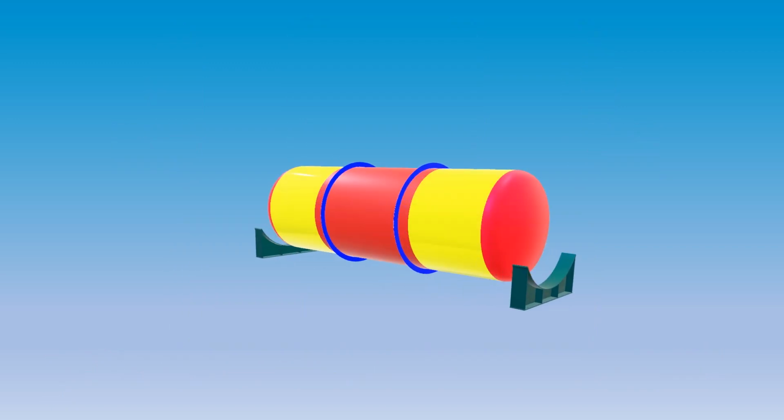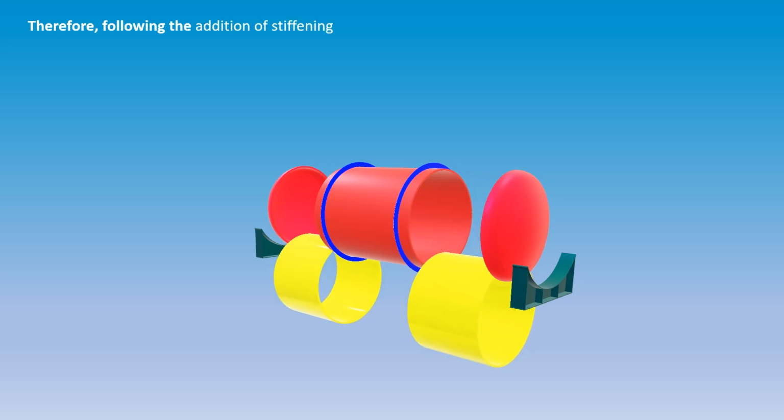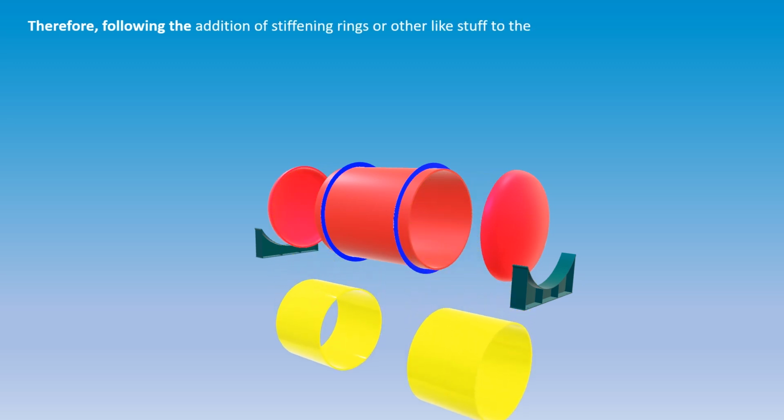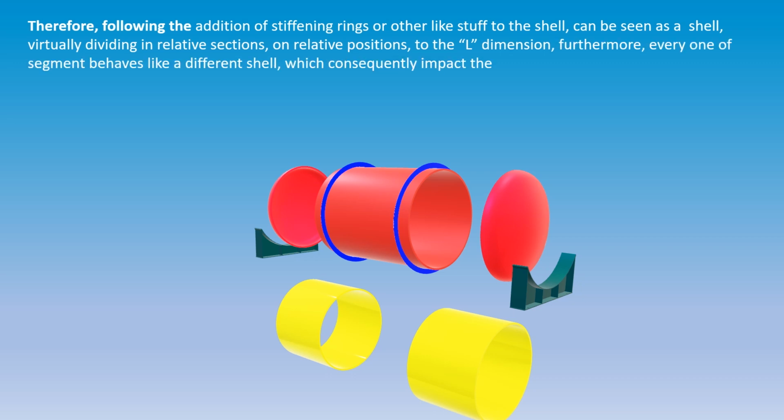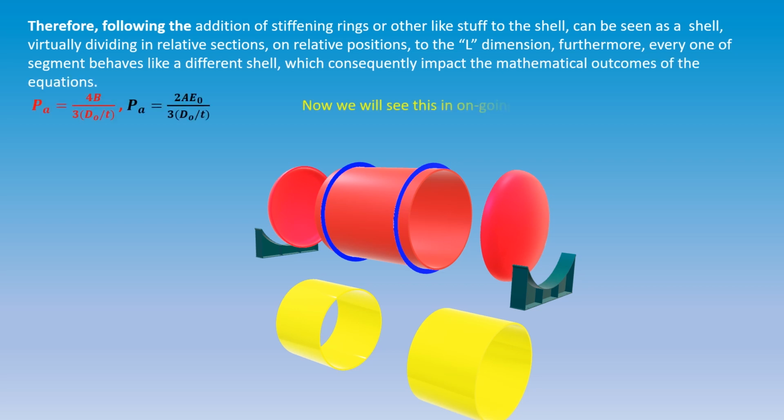Therefore, following the addition of stiffening rings or the like, the shell can be seen as virtually divided into sections relative to the L dimension. Furthermore, every one of these segments behaves like a different shell, which consequently impacts the mathematical outcome of the equation.